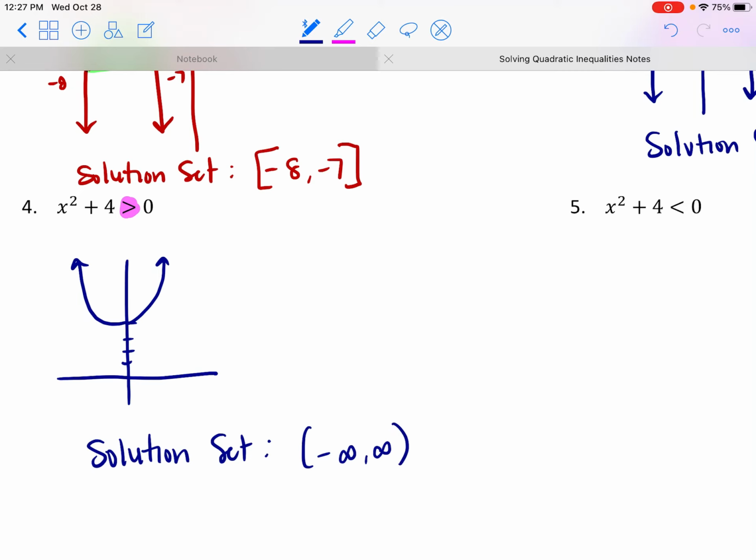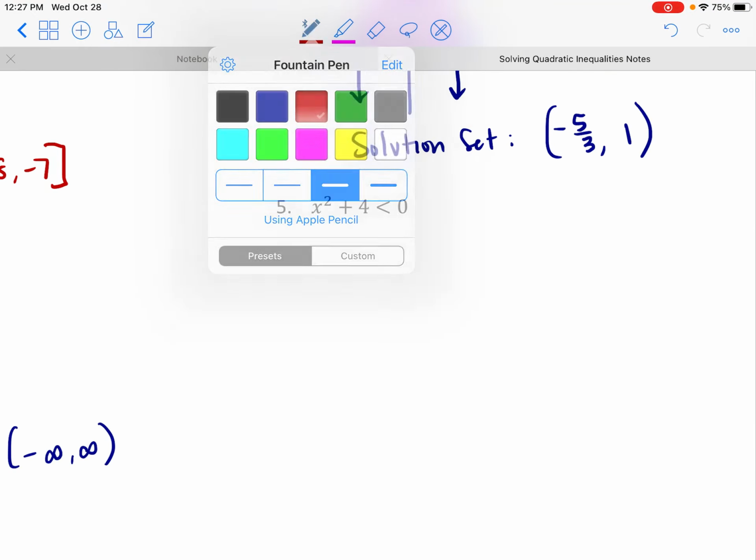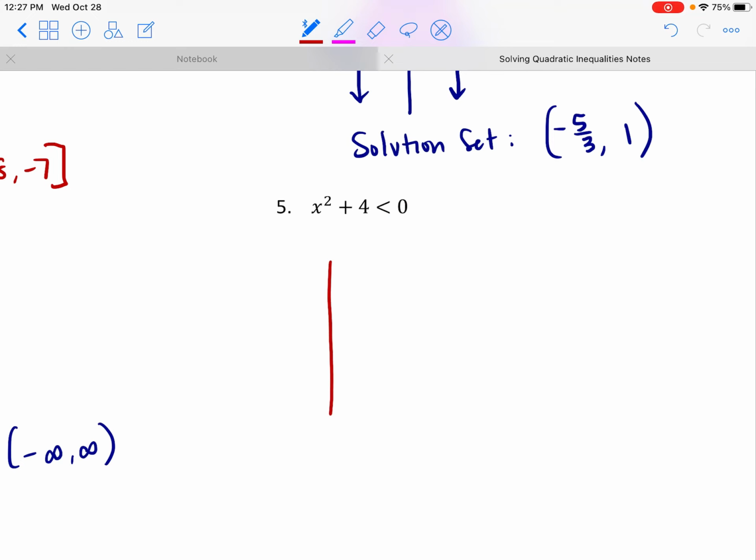Now, if I had said where is it less than 0, then there would be no solution, and that's exactly what's happening here. So this is the same graph. Okay, same graph, shifted up 4, opening up. Okay, where is it less than 0?